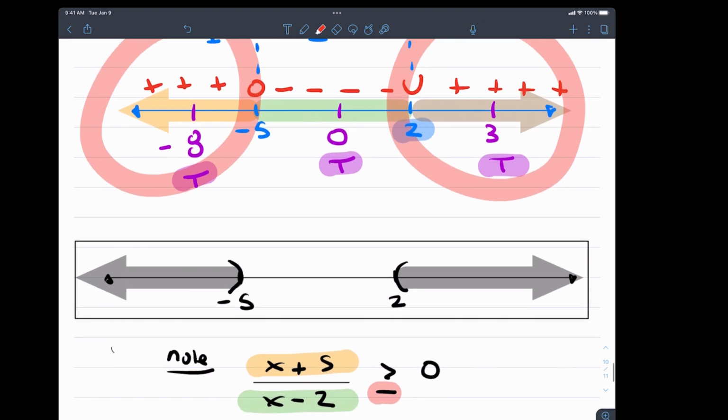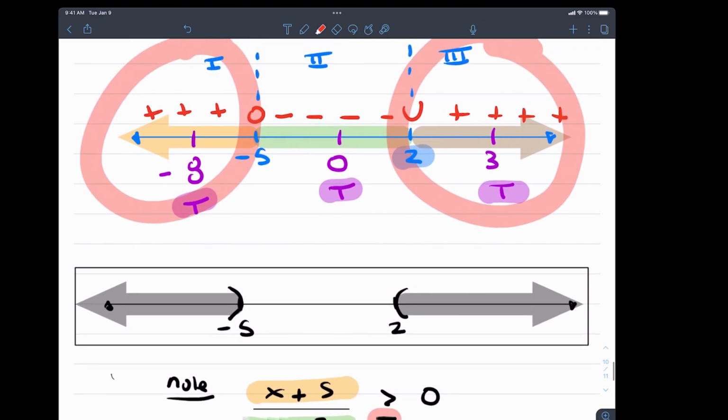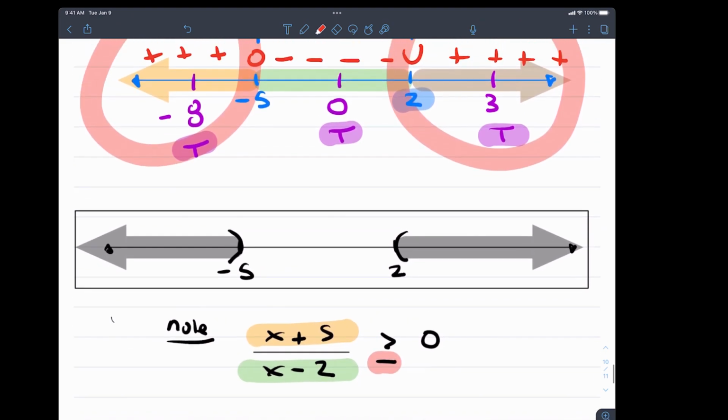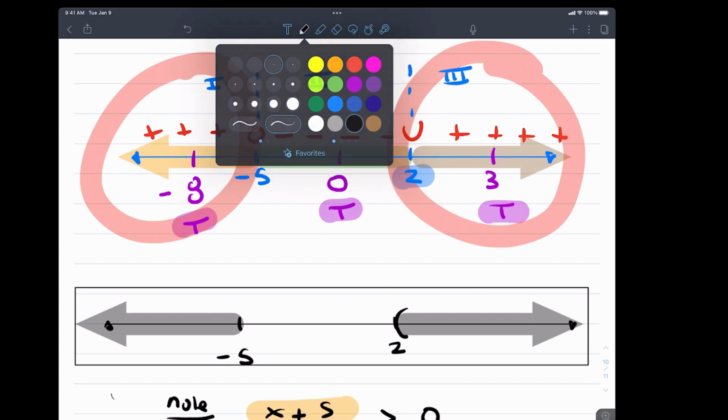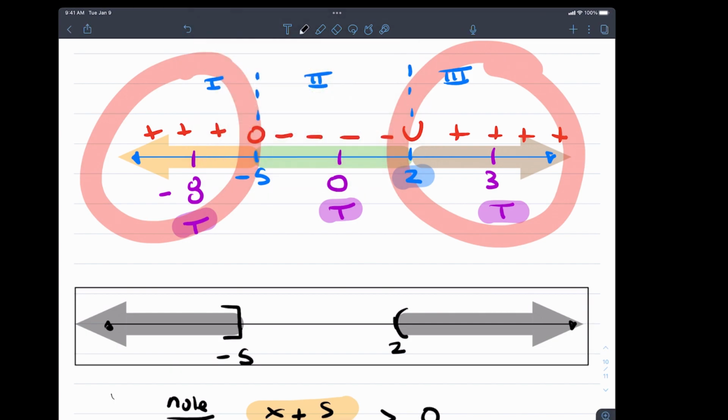So you're going to have to go back and look, right? What happens at -5? That's where the fraction equals 0. So you know what you do? You include it. Put the bracket around -5.